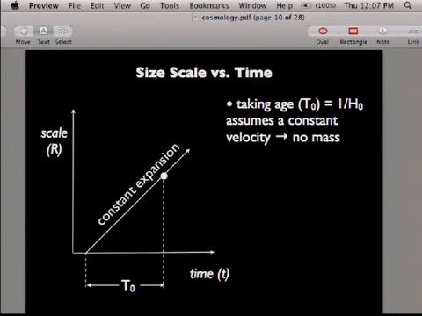So if we go back, then it was actually faster. It expanded faster before. So if this is the age of the universe, because this is where the scale factor was zero, then if we have matter inside, is the age of the universe smaller or larger than this case?